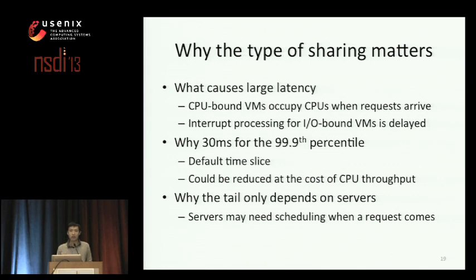Because when a client sends out a request, its timer starts when the client is already scheduled by the VM scheduler. But when that request comes to the server, it may have to wait to be scheduled before the interrupt can be processed. That's why when bad things happen, it mostly depends on the server side.